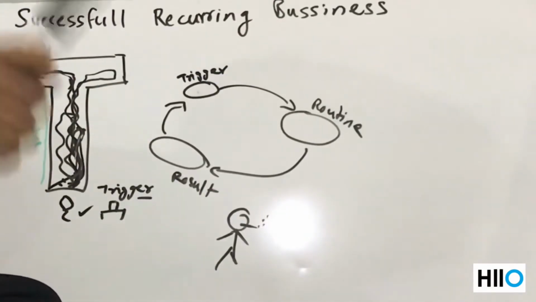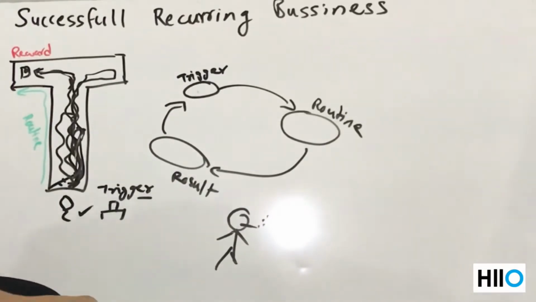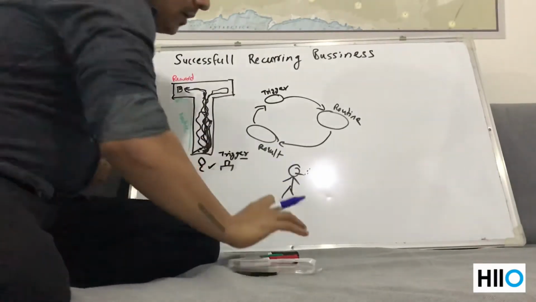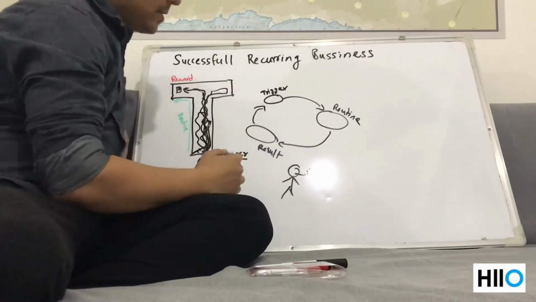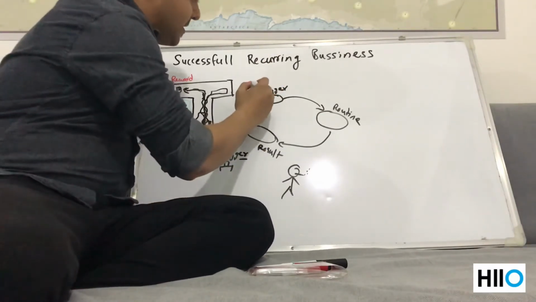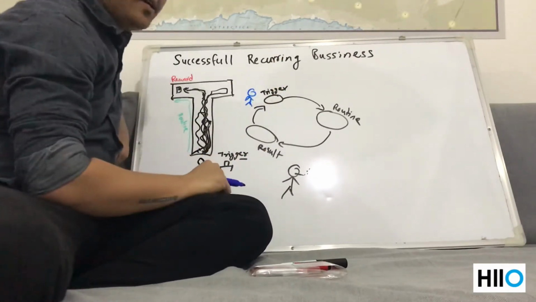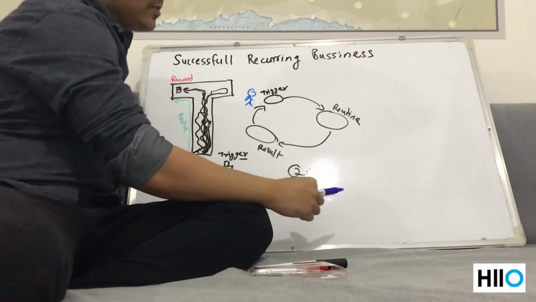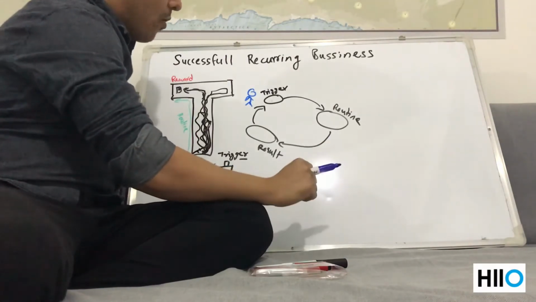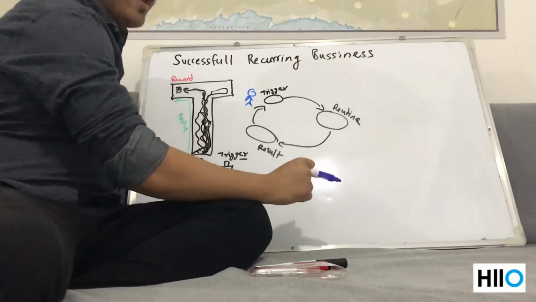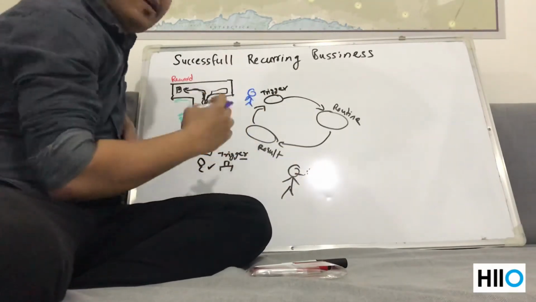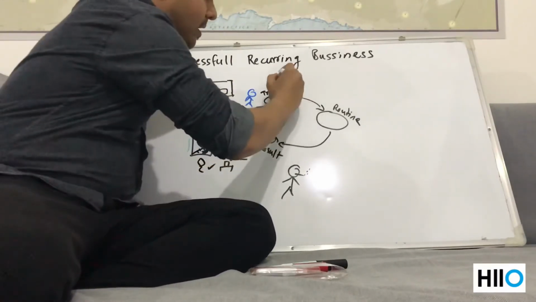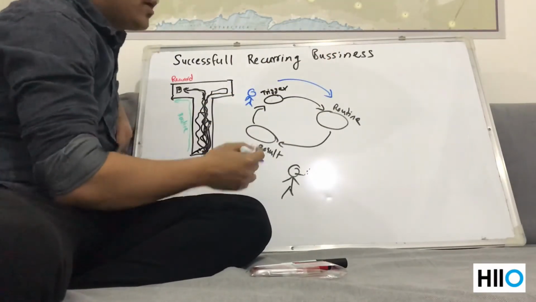Now, what you have to do to make a recurring business successful is this: whenever your customer has a trigger, and that trigger could be anything, the customer wants your service or wants to buy your product, or had some change in his life which makes him come to your website, call you, or come to your office.